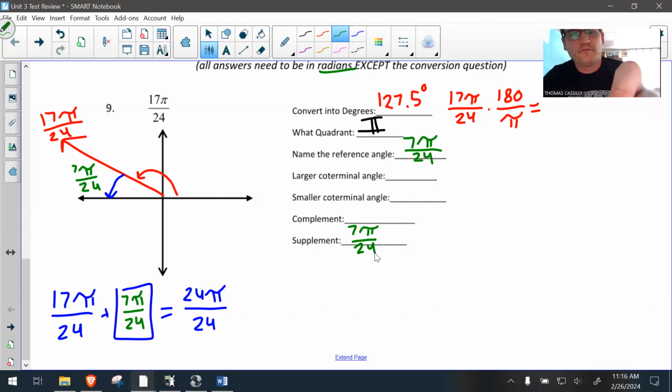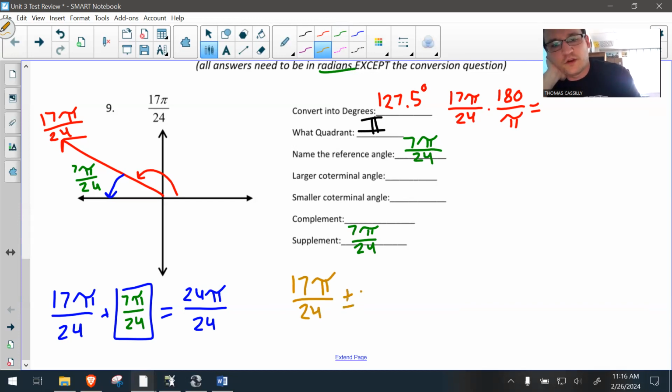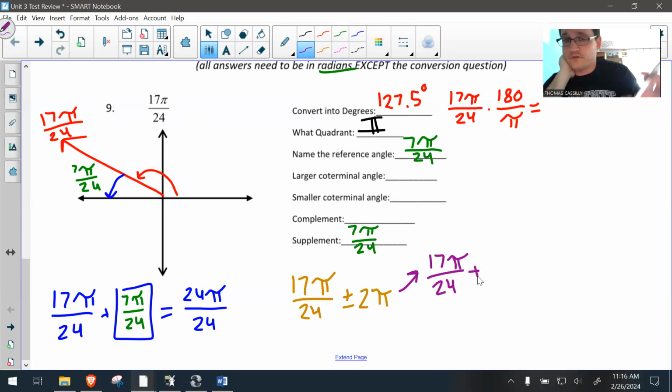Now, a larger coterminal angle. All right, so 17 pi over 24 plus or minus 2 pi. So if we want to find the bigger one, add it. So 17 pi over 24 plus, now it's 2 pi.